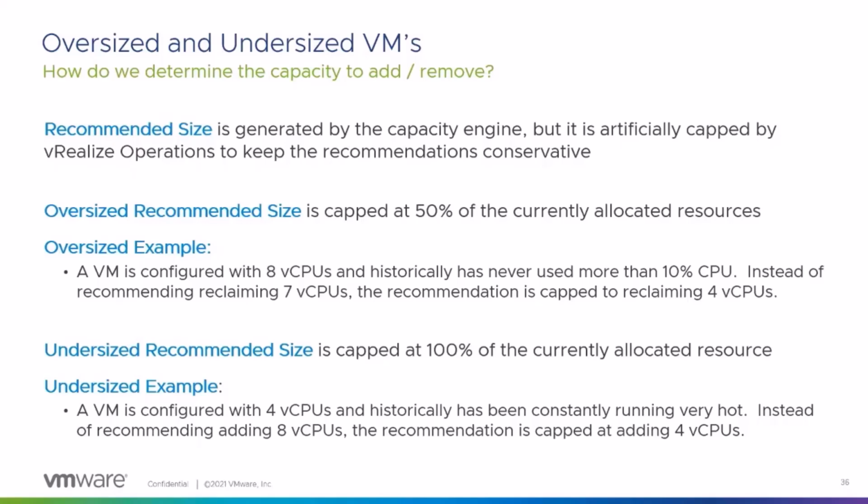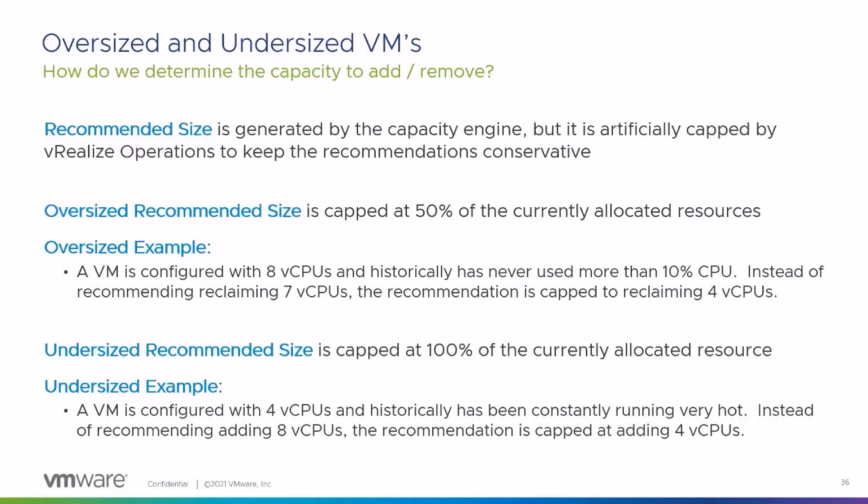You can see the example here: if the virtual machine has 8 vCPUs and never uses more than 10%, vRealize Operations would not recommend taking away 7 virtual CPUs. The cap would come into play and say only reclaim 4 vCPUs. This is done to be more conservative, so you can gradually step down the allocation of resources to the virtual machines.